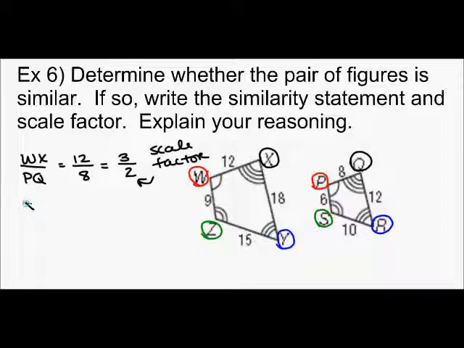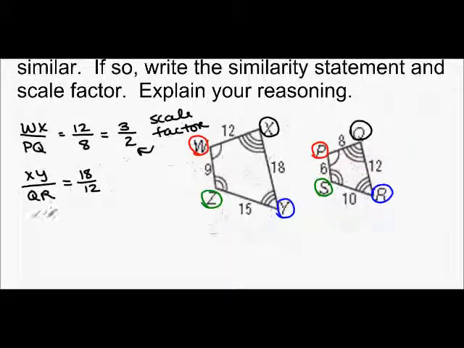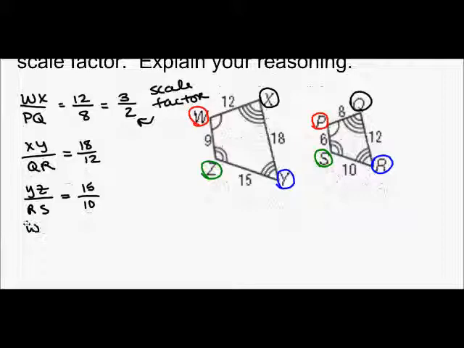So let's take a look at that. I'm going to say XY over QR is 18 over 12. I'm going to write these all out, then I'll simplify them all at once. So YZ over RS is 15 over 10. And then WZ over PS, 9 over 6. So simplifying, these are both divisible by 6. 18 over 6 is 3. 12 over 6 is 2.